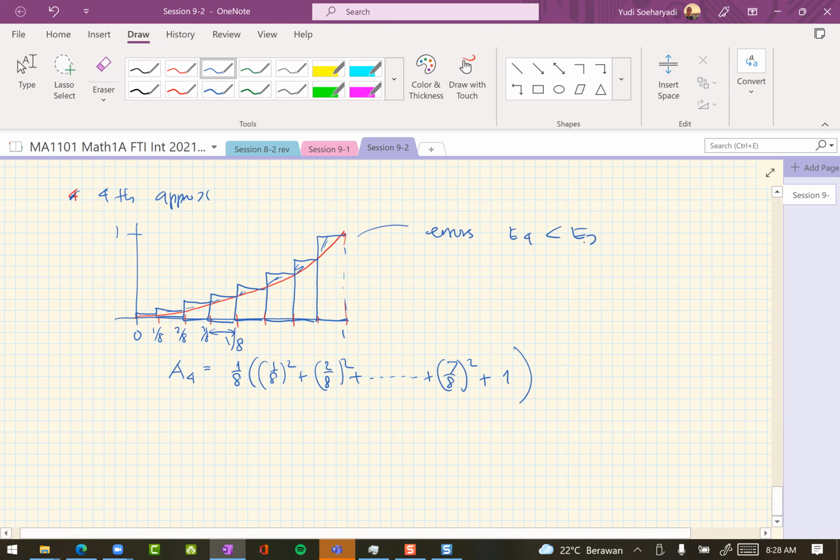And let's see. If we have the nth step, can you guess what's the next one? How would you describe the next approximation?